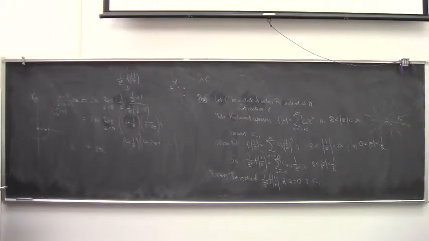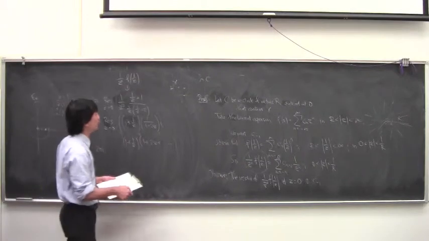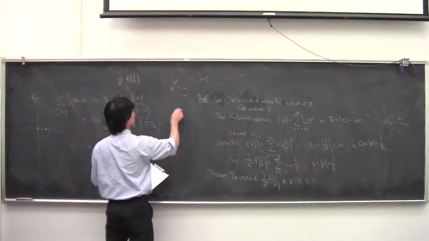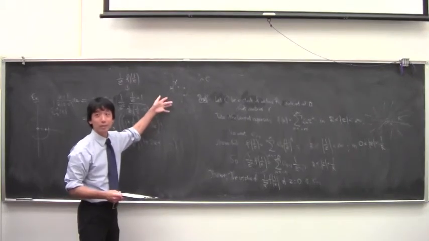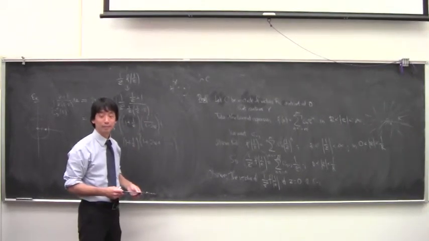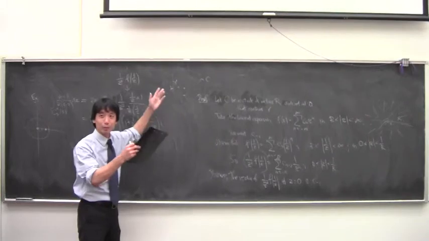You could say that this is gamma. But if somebody gave you a strange looking curve, then you'd say by deformation you can deform it out to a circle.